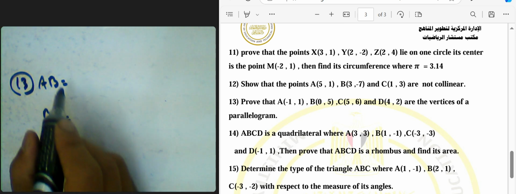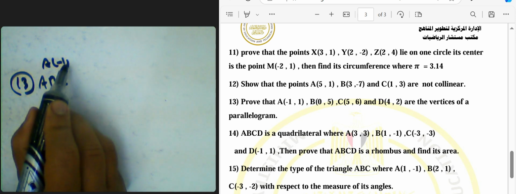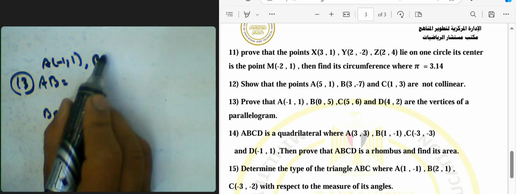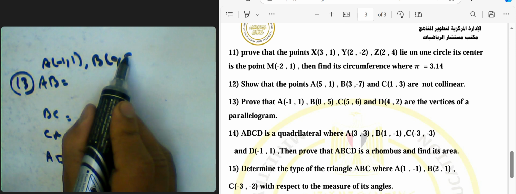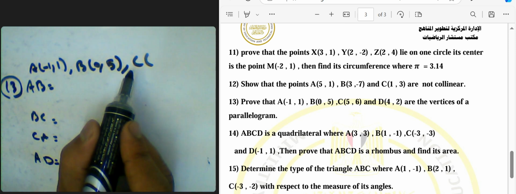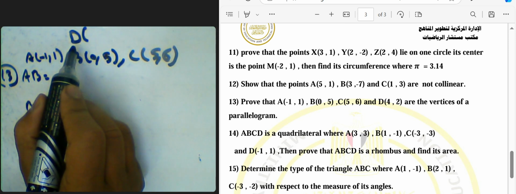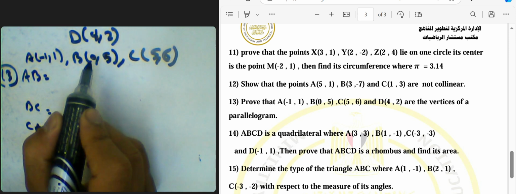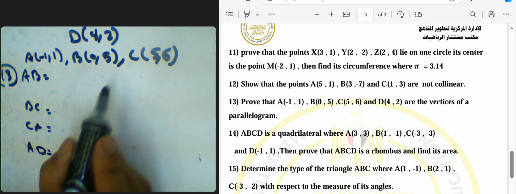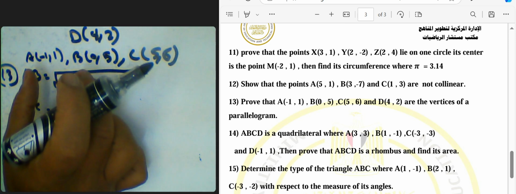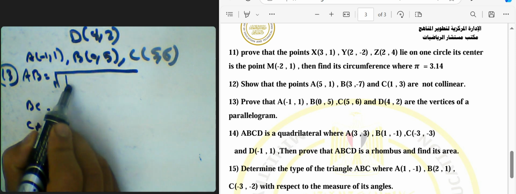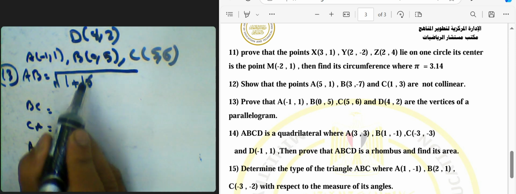About question number 13, he gave us the point A, negative 1 and 1, the point B, 0 and 5, point C, 5 and 6, and point D, 4 and 2. We can find the square root here. AB, 0 minus minus 1 will be 1, 1 power 2, 1. 5 minus 1, 4, 4 power 2 equals 16.